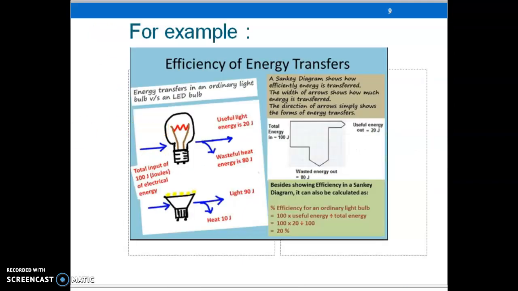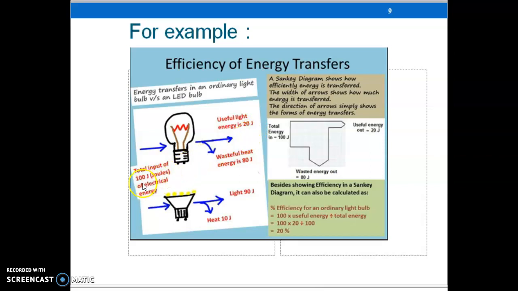So for example, we have here the example of lighting that we used previously, filament light. If we use filament light, it takes voltage and current from the lines, and we produce useful light.